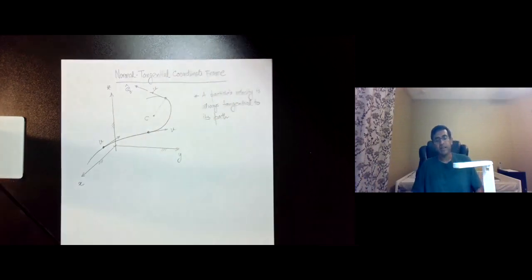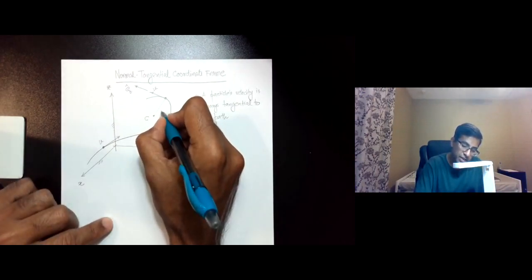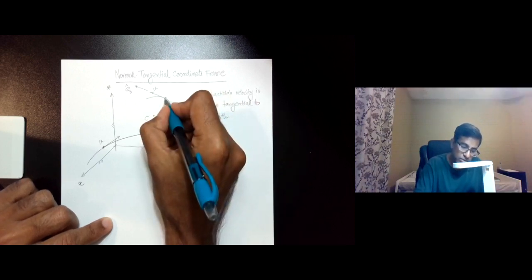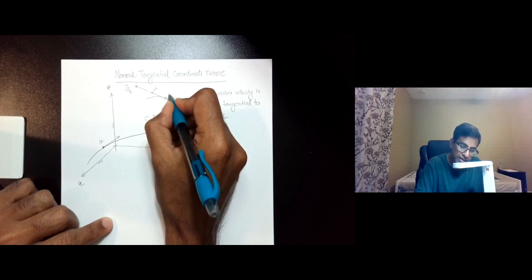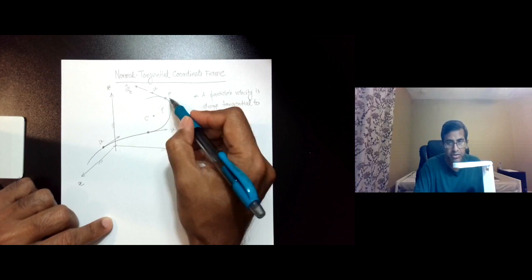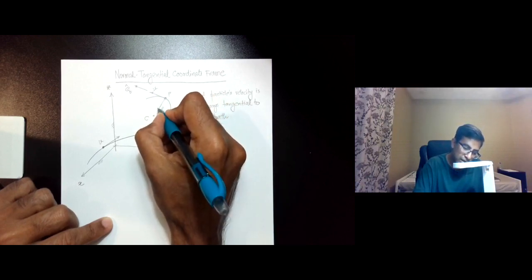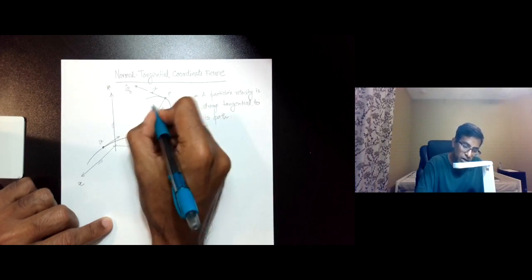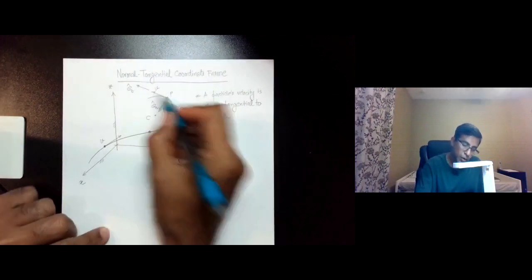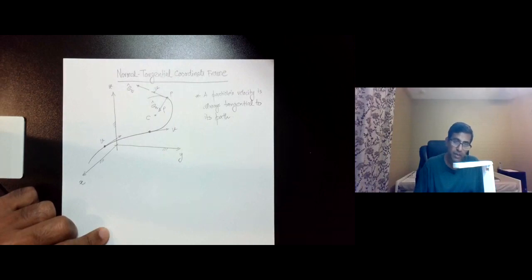This is an imaginary point, and the radius of curvature at this point is rho. Let's say the location of the point is P. So PC is perpendicular to e_t, and we then define the normal direction e_n to be the direction perpendicular to e_t but pointing towards the center of curvature of the path.